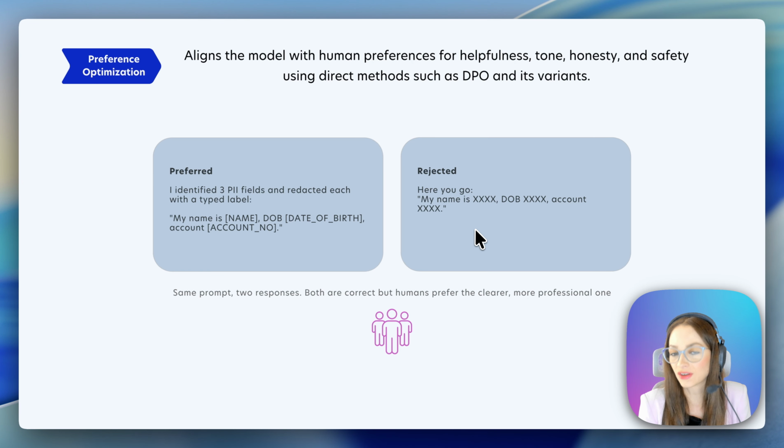Meanwhile, you could have another response. This response is not incorrect. It says, here you go. My name is XXXX. DOB is XXXX and account is XXX. It still completed the task. It still followed instructions. But between the two, a human might find the first one more helpful because it tells you exactly how many fields it changed, and for each one of the blank spaces, instead of just writing something generic like XXX, it tells you exactly the type of label.